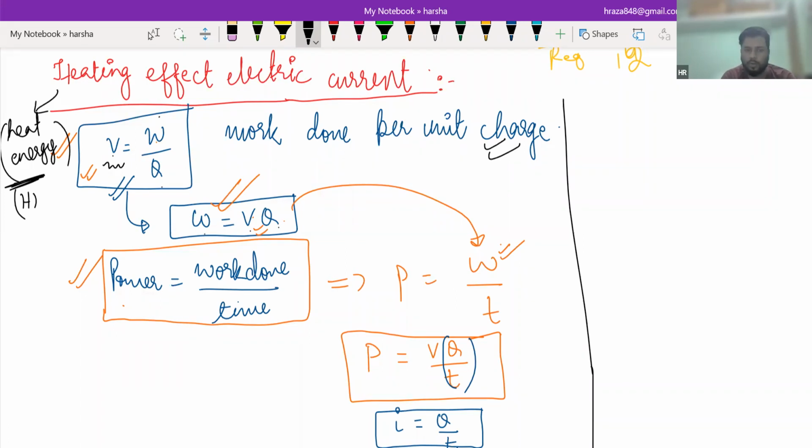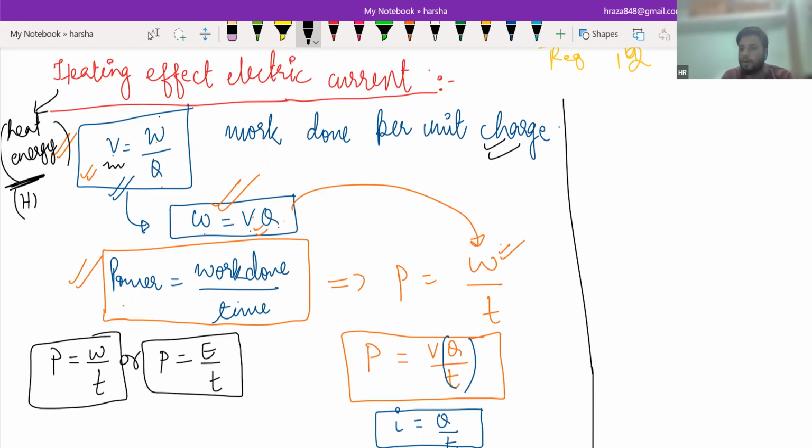Is that clear, everyone? Now see, power has two formulas in class 9, that is P is equal to W by T, or it is also P is equal to E by T, that is energy. Energy per unit time or work done per unit time is the formula of power. So I'm going to use this formula here. P is equal to W by T, and you can see the value of W is V into Q. Since we are studying the current chapter, we are going to put the value of W in terms of charge and potential difference.